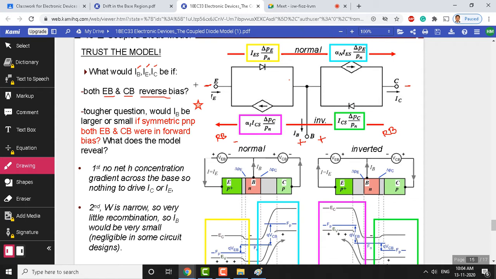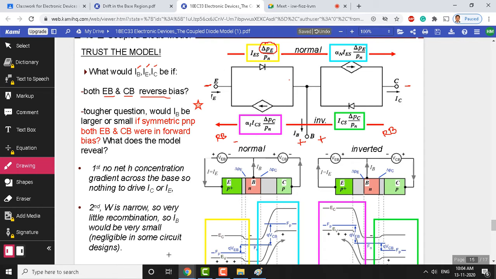Okay, let me give the solution for this. Since this is reverse biased, let us start with the emitter base junction. When this is reverse biased, what will be the value of delta P? Look at this, delta P. Recall the delta P equation. What is the delta P equation?